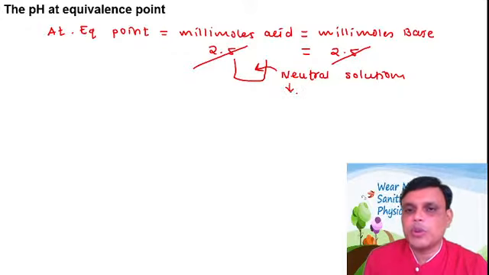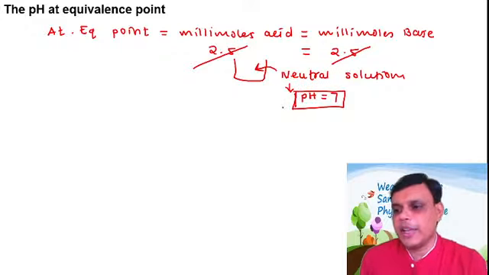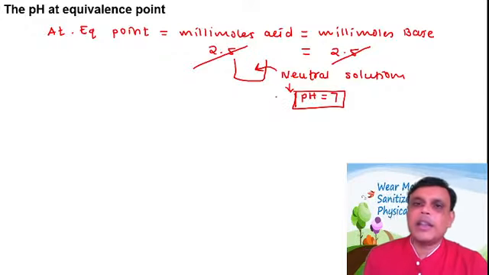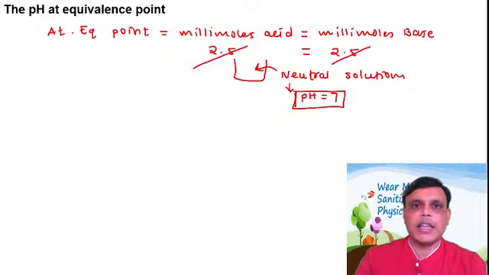If the solution is neutral, then the pH will be 7. This is the theory behind that. How will you calculate? There are some formulas. That formula we will see first.